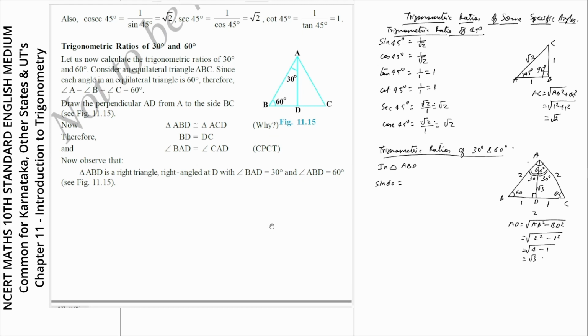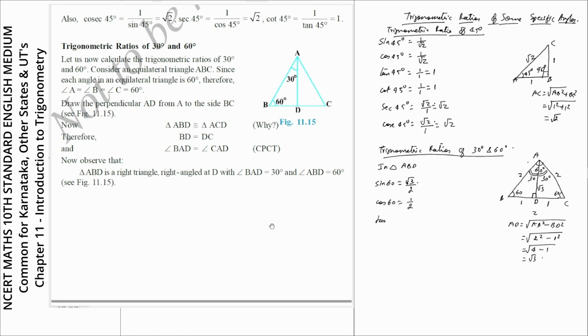Now coming to this triangle ADB, angle B is 60 degree. Therefore what is sin 60? Sin 60 is opposite by hypotenuse. That means AD by AB I will get as root 3 by 2. Similarly cos of 60 degree. Cos of 60 is adjacent by hypotenuse, that is BD by AB. So that is 1 by 2 I will get.